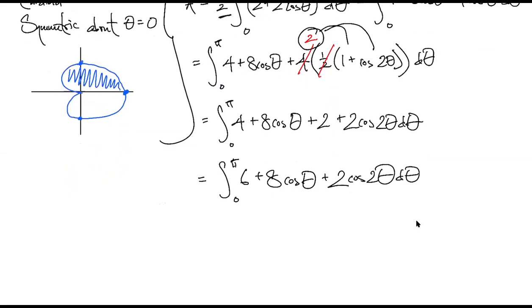So we get 6 theta plus 8 sine theta plus 2 divided by 2 means this coefficient goes to 1 of sine 2 theta. And I'm going to plug in pi, and I'm going to plug in 0.